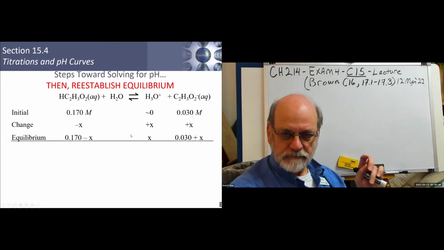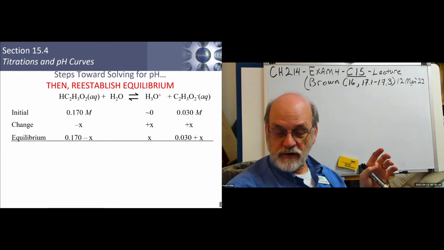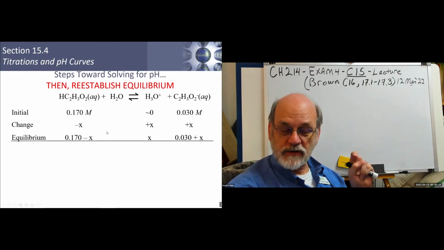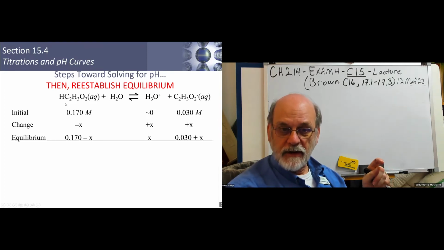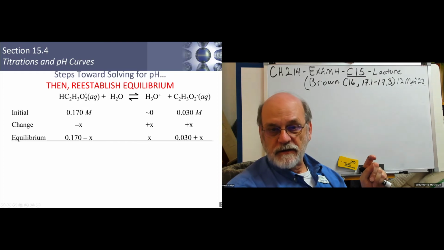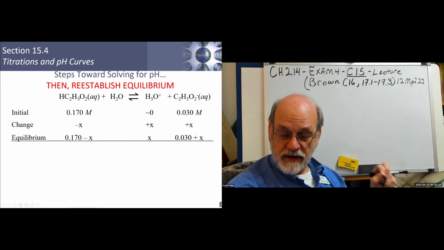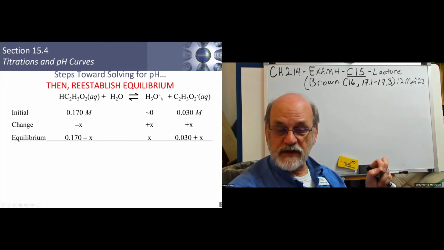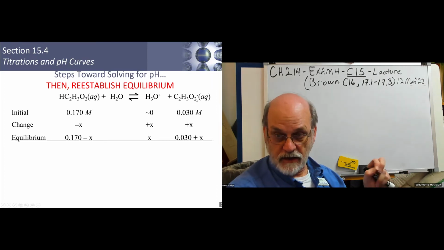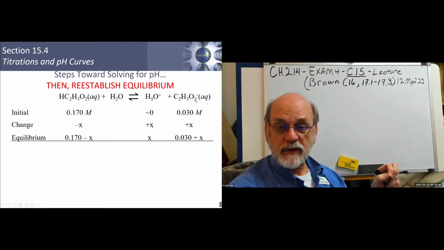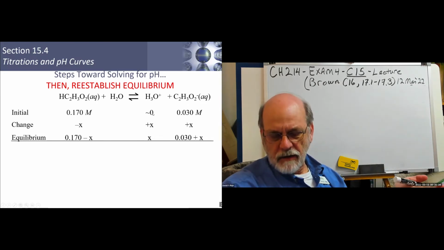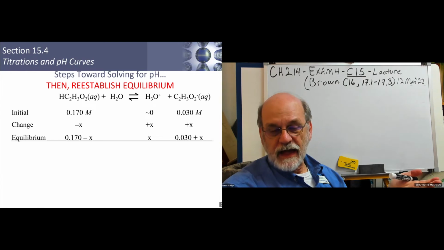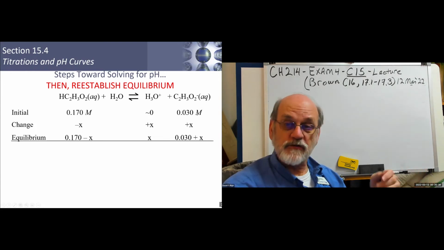All right. So now what reaction occurs? Now the reaction that occurs is the reestablishment of equilibrium based upon this reaction where the acetic acid dissociates into protons and acetate, the conjugate base. Our starting position, we're saying, is virtually no hydrogen ions, and we get these initial starting positions from the stoichiometry.